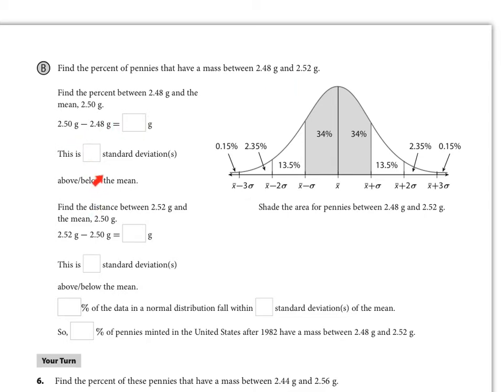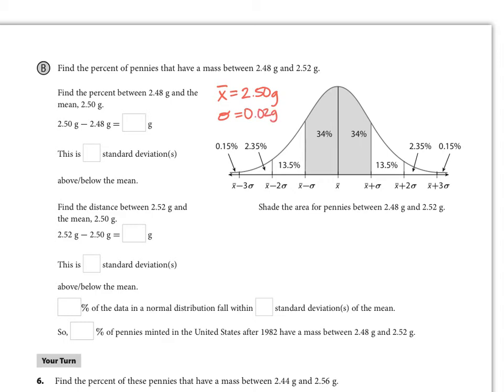And I think I actually have it here. If you look at the previous page, our mean is 2.50 grams. So I'm going to label that here. Our mean is 2.50 grams. Our standard deviation was 0.02 grams.